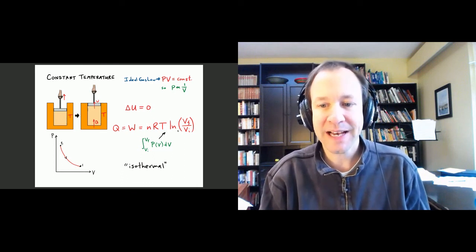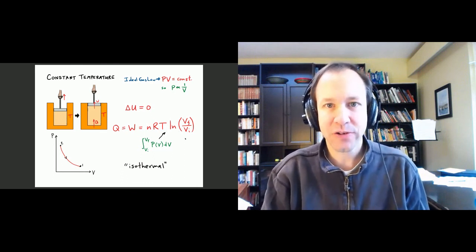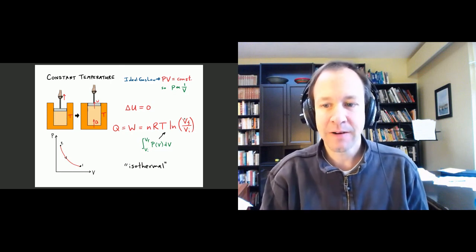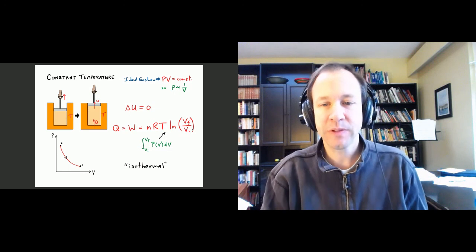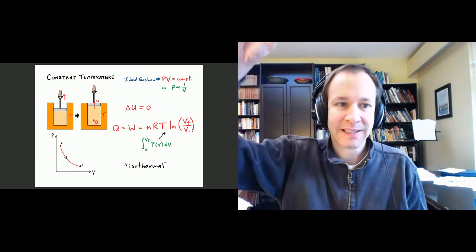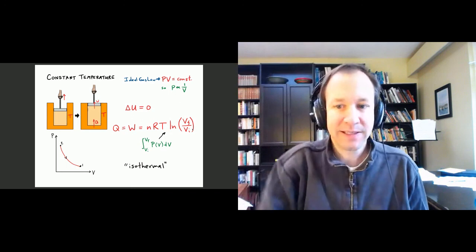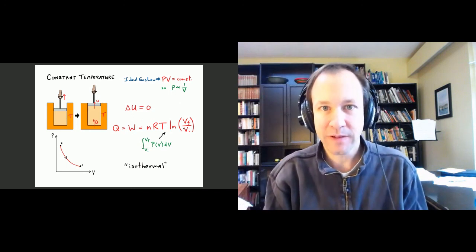Then you multiply that by the natural log, the log of the base e, of the final volume over the initial volume. So you will never again have to do that integration because this is always then the formula when we have constant temperature.